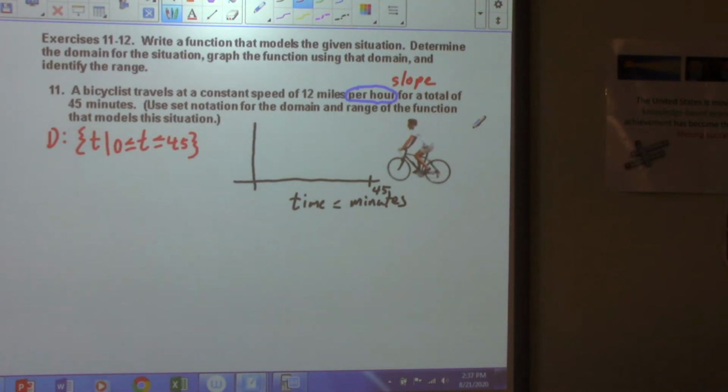Now, what next would we do? Find the range? Okay, what would the range be? How would you find that? 12 miles an hour is not a distance, right? It is a rate of change or a slope.